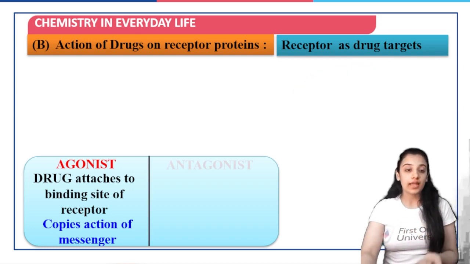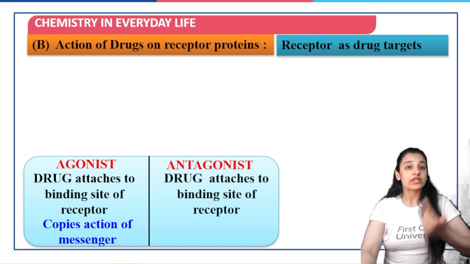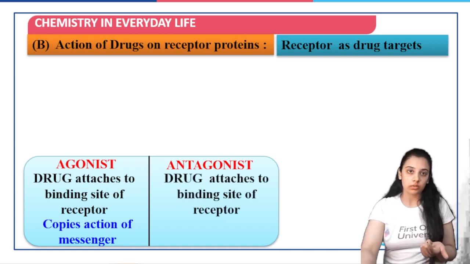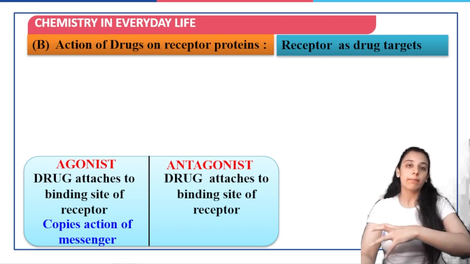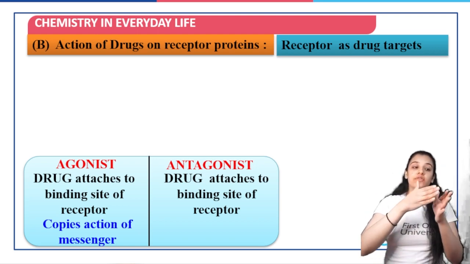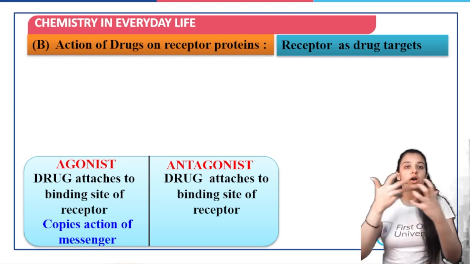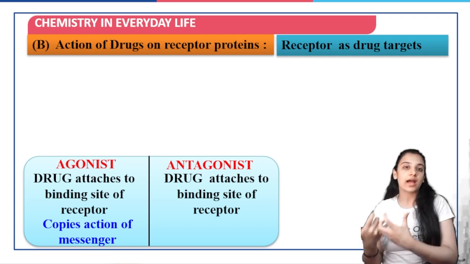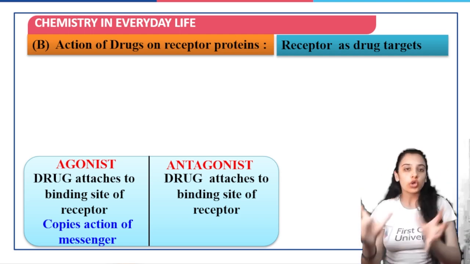Then the antagonist. When the natural chemical messenger is being produced in a huge amount, it is required that not all of it binds to the receptor. Suppose only 10 molecules of that chemical messenger need to bind to the active site, but 20 of them are being produced and all 20 are binding.